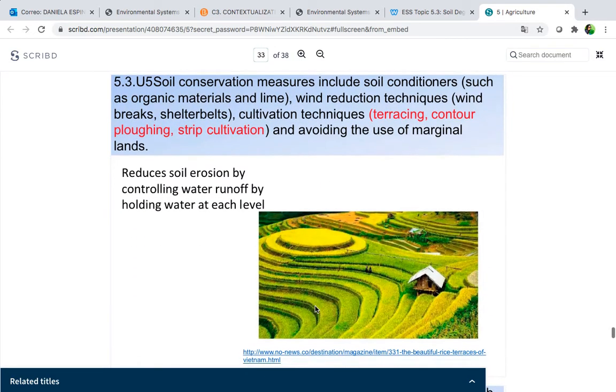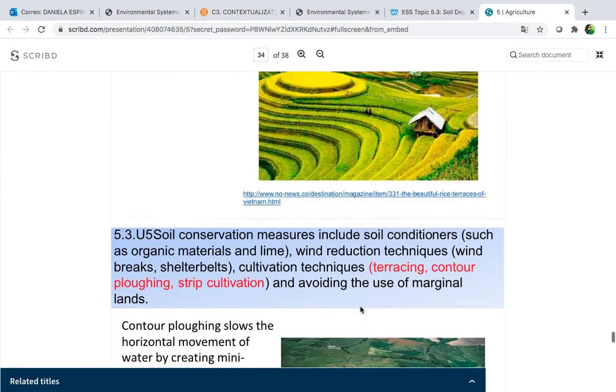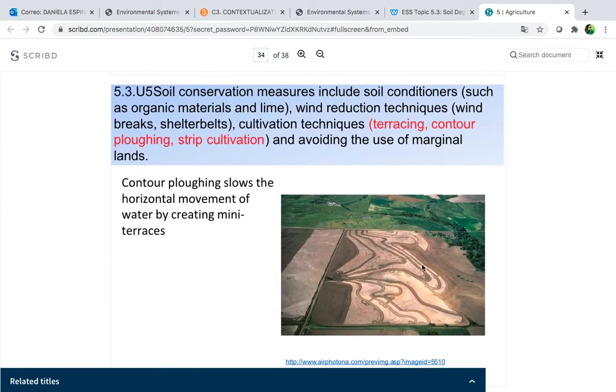Then we have another one that is called terracing, contour plowing, strip cultivation. That is the way in which the soil is managed. And as you can see, we have these terraces. It reduces soil erosion by controlling water runoff by holding water at each level. So water is not going to affect the soil, wind is not going to affect the soil, and then they can cultivate whatever they are growing there. Then we have another solution that is contour plowing.